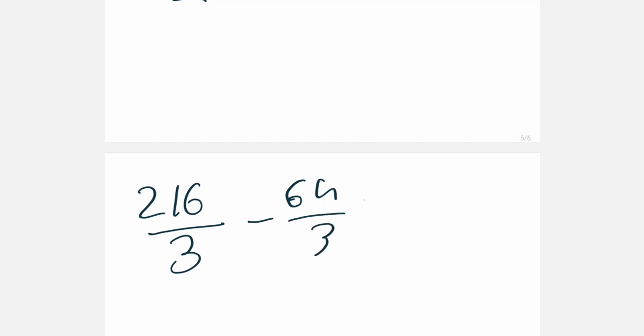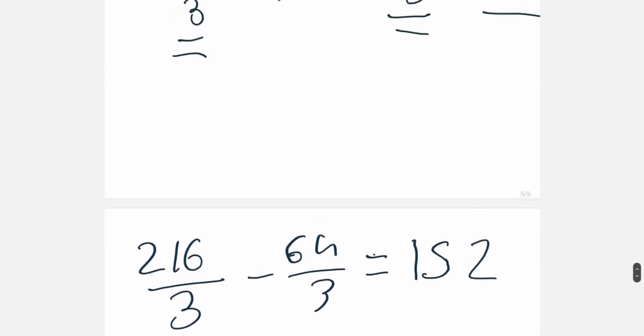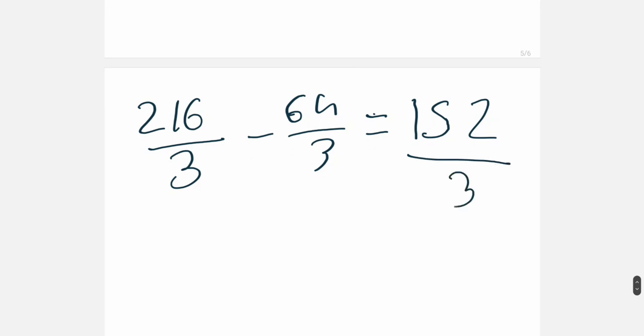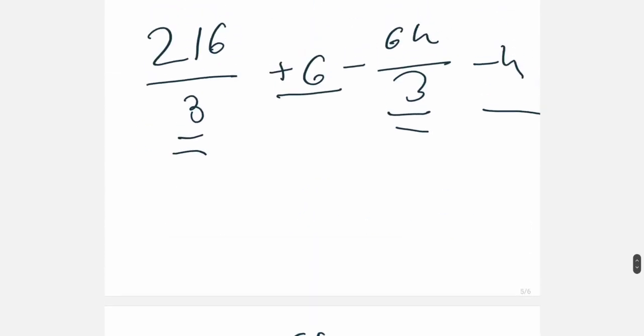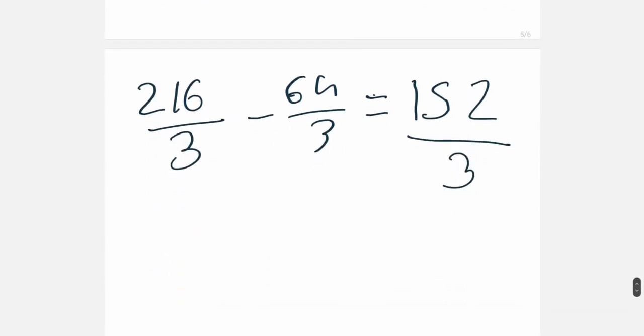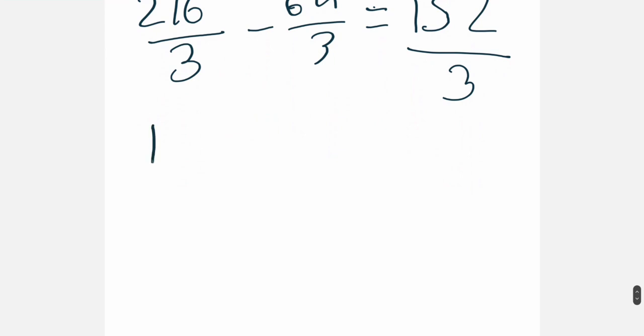As they have the same denominator, this is just going to equal 152 over 3. Perfect. Now we can do positive 6 minus 4. So this is 2. So 152 over 3 plus 2.